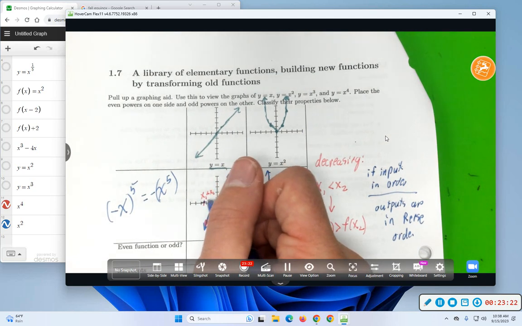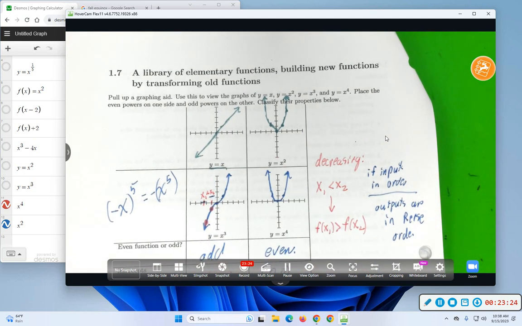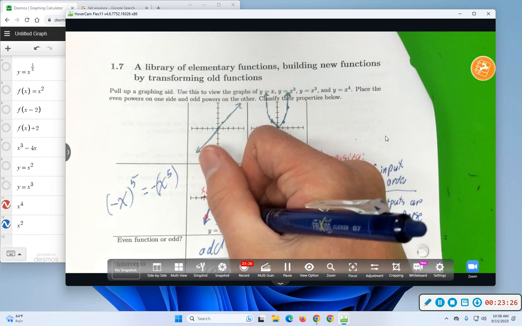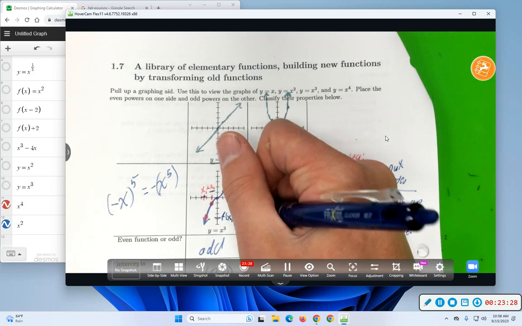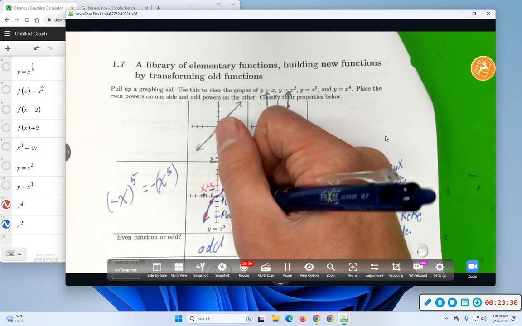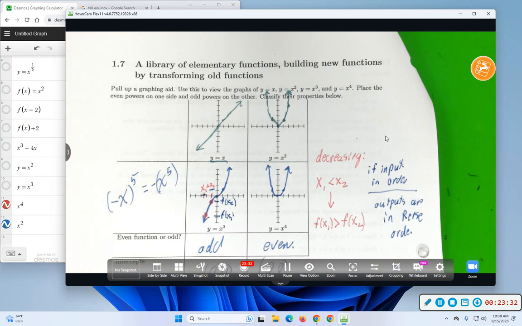So I had x1 coming before x2. Here I have f of x1. There I have f of x2. Would you say f of x1 comes before f of x2 or after? Which way would you put the inequality? Which one is smaller? F of x1, just because it's lower down.